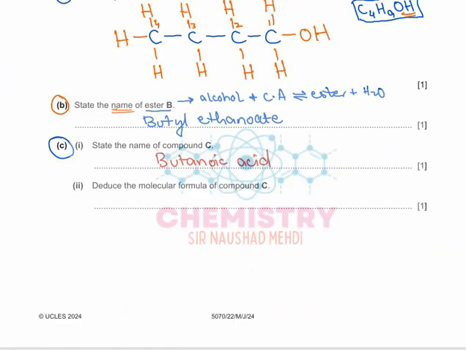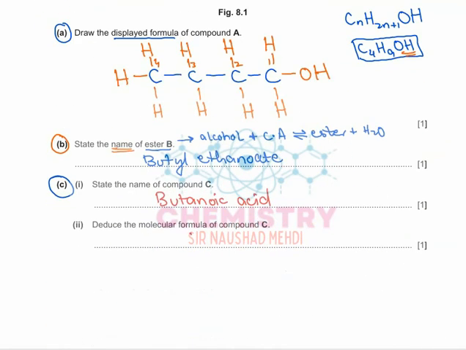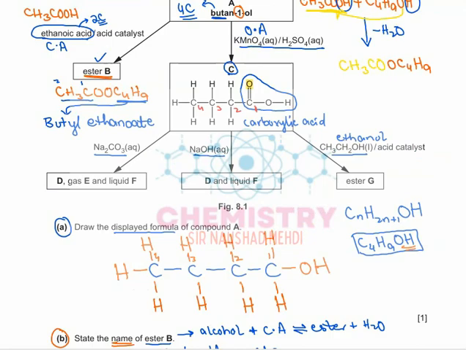Now deduce the molecular formula of compound C. Molecular formula means you have to count the total carbon atoms. How many are there? 4 carbon atoms, so in the molecular formula I would write C4. Now count the total hydrogens: 1, 2, 3, 4, 5, 6, 7 and 8.